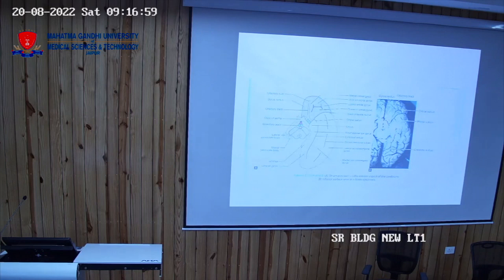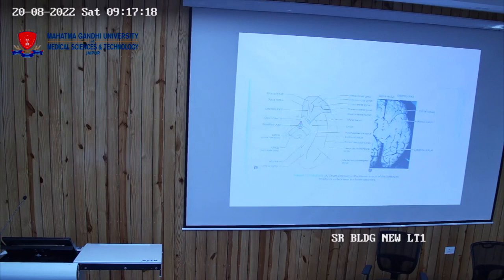Now, the point is this, that we know that the cerebral hemisphere is divided into a larger number of areas. These areas have functional sensory parts, motor parts.